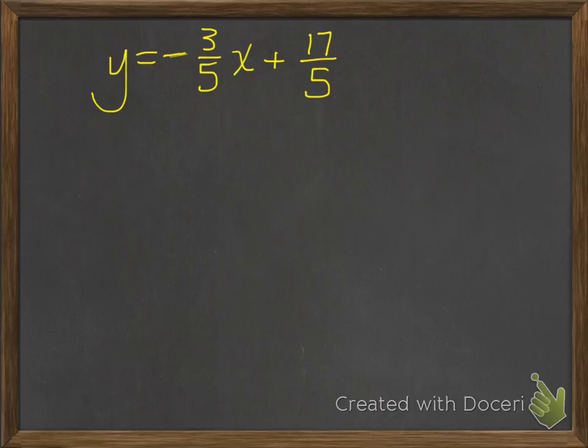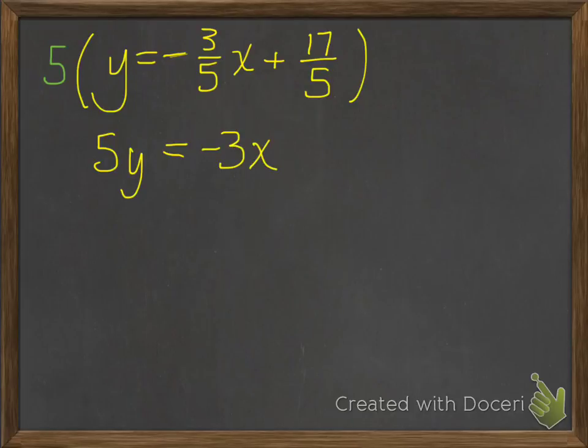Okay, so here's our equation, and we want to just multiply this entire equation by 5, right? We want to multiply by 5 so we can get rid of the fractions, get rid of those denominators. So let's look at what we have. 5 times y is 5y. 5 times negative 3/5 is negative 3x. And 5 times 17/5 is 17. So I've multiplied every term through by 5 to get an equivalent equation.